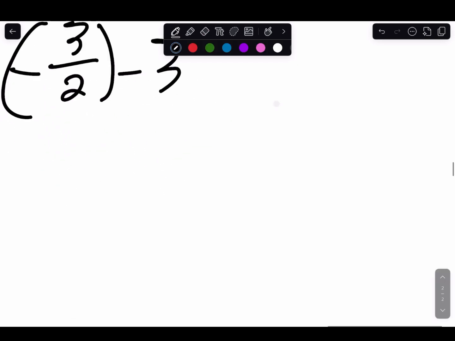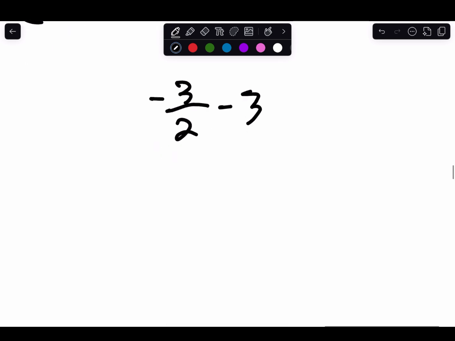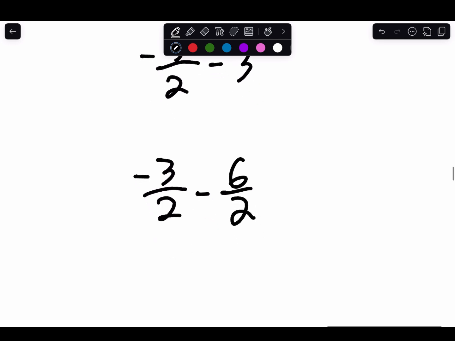But looking at just the -3 over 2 minus 3, we just want to get the 3 to be in the same denominator as the 3 over 2. So we want it to have a 2. So the basic idea is what could be at the numerator when you divide it by 2 and you still get 3. So you should be able to figure out pretty easily that you're going to end up with this.